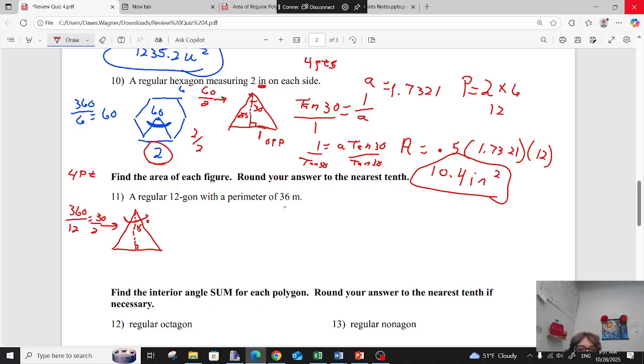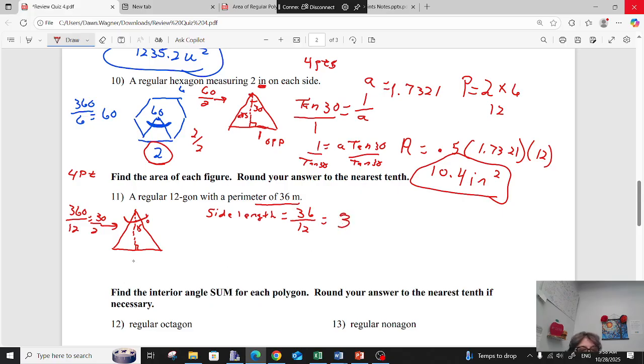Now, the perimeter is 36. That's nice. But what am I going to use for a side length then? How do I find the side if the perimeter of the regular 12-sided figure is 36? Divide by 12. Side length is equal to 36 divided by 12, which is 3.